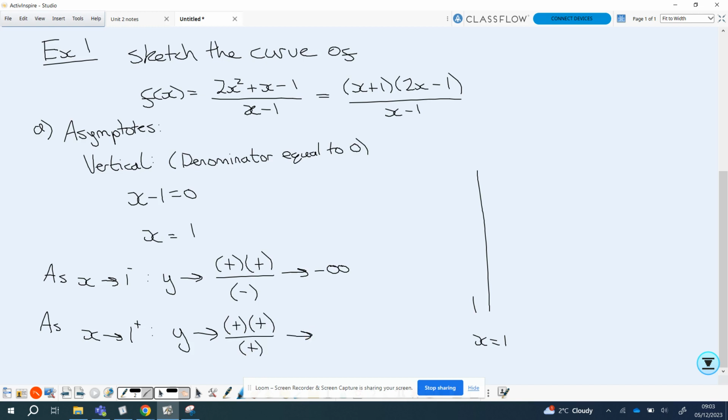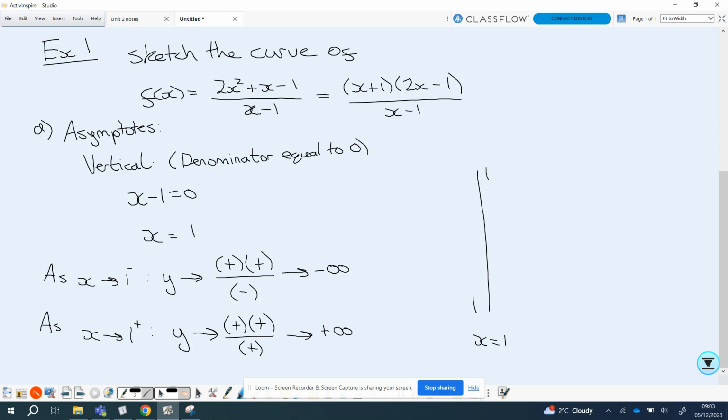So as everything's positive, we've got a positive value for infinity, so it's shooting up just after the value x equals 1. So we found our first asymptote, the vertical one, and we now know exactly where the graph is at that point. So that's the first thing achieved there.